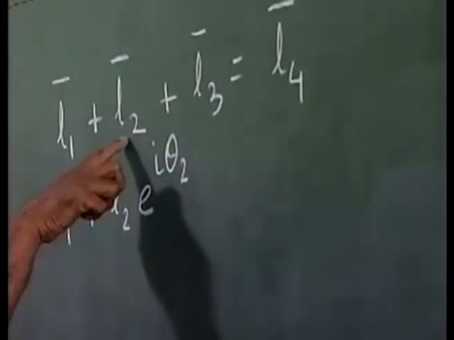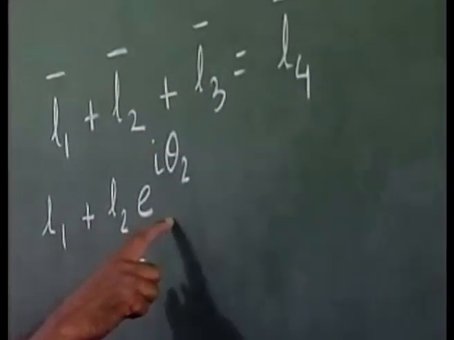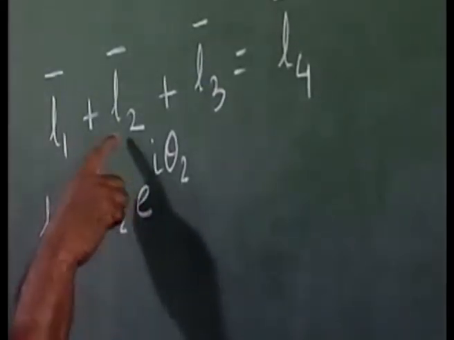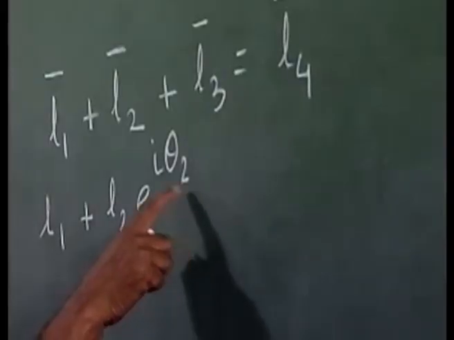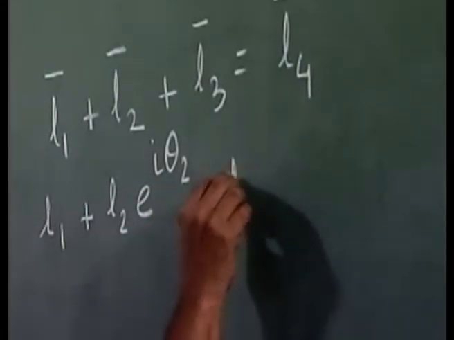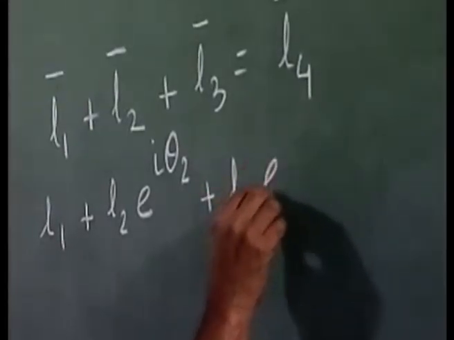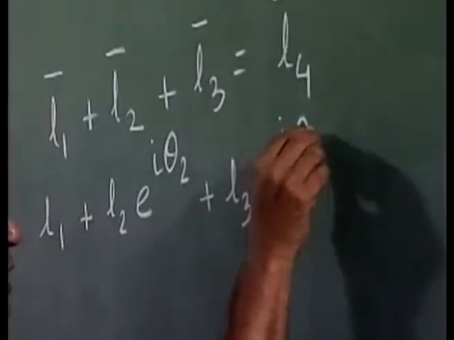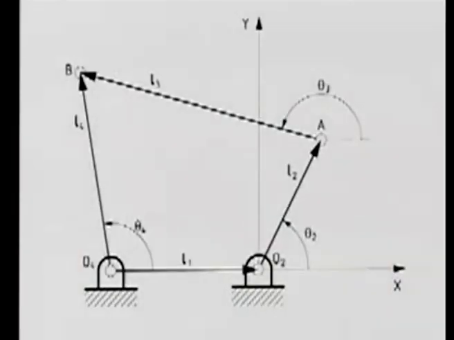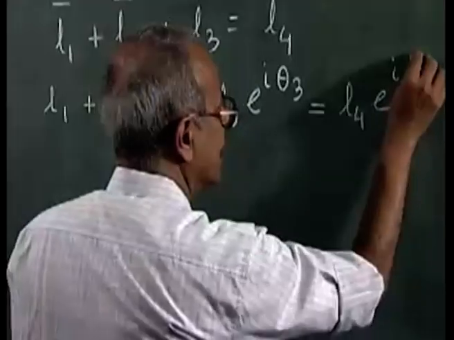The vector L2 can be represented by this complex exponential notation. Magnitude is L2 and the orientation of this vector with the positive x-axis is given by theta 2. Similarly, L3 e to the power i theta 3 is equal to L4 e to the power i theta 4.